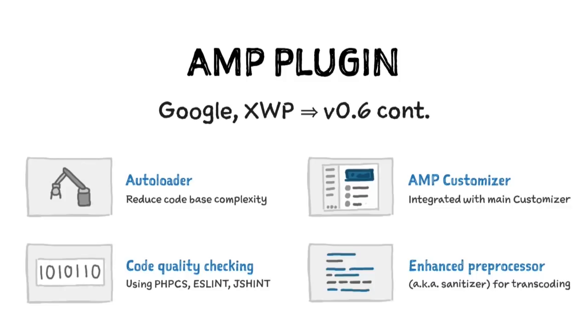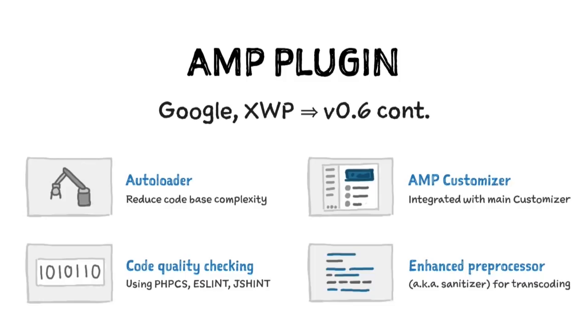We added auto-loading capabilities that basically simplify the code because you don't have to be including all classes and interfaces manually. We integrated the AMP customizer with the regular customizer in the regular WordPress workflow. This is important because in the content ecosystem team, one of the things that we want to do is to bring coding and performance best practices to the WordPress ecosystem.